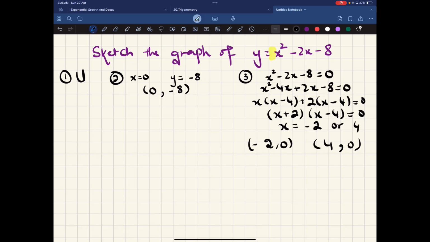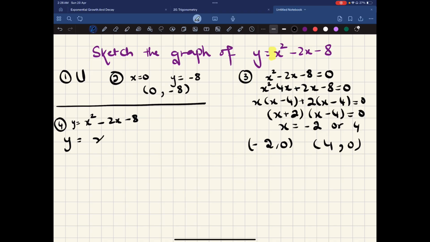Okay, fourth step, the turning point. For that, we're going to express our expression in completing square form. So x squared minus 2x minus 8, y is equal to x squared minus 2x plus 1 squared minus 1 squared minus 8.